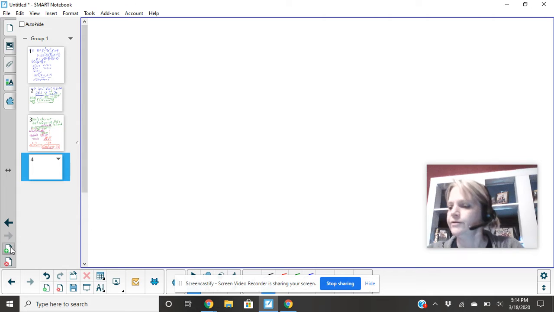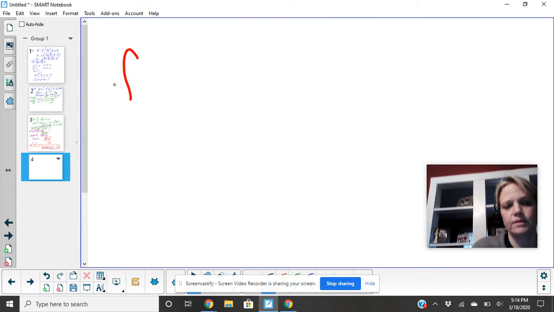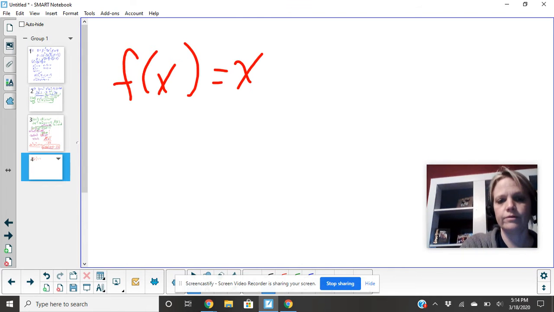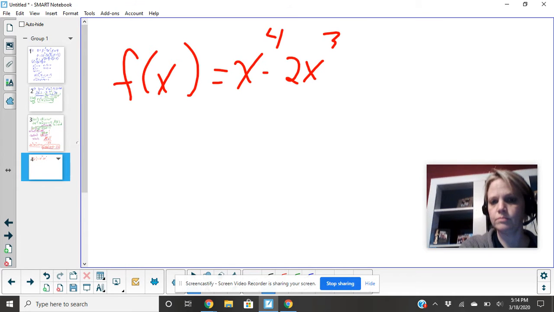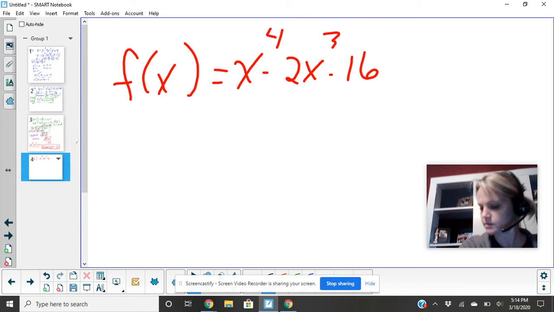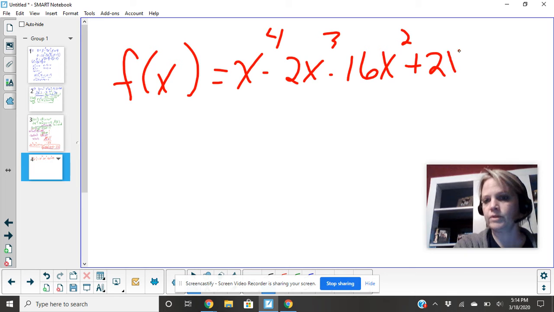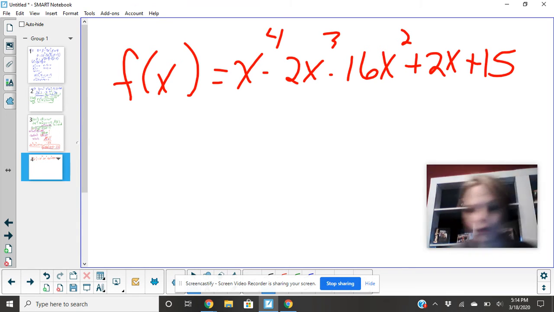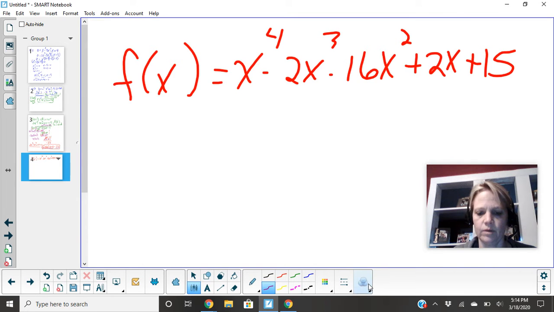Let's say that a polynomial looks like x to the fourth minus 2x cubed minus 16x squared plus 2x plus 15. At this point, that's not four terms. We can't factor by grouping. We can't unfoil. So this is kind of a new scenario here.